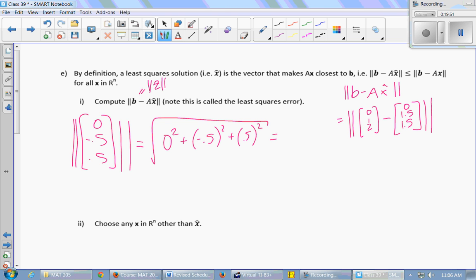I do the subtraction, you get Z, 0, negative 1/2, 1/2. This is B, this is AX hat, which is the same thing as B hat. AX hat and B hat are the same. So a half squared plus a half squared is a fourth plus a fourth, and the square root of that is 1 over root 2.